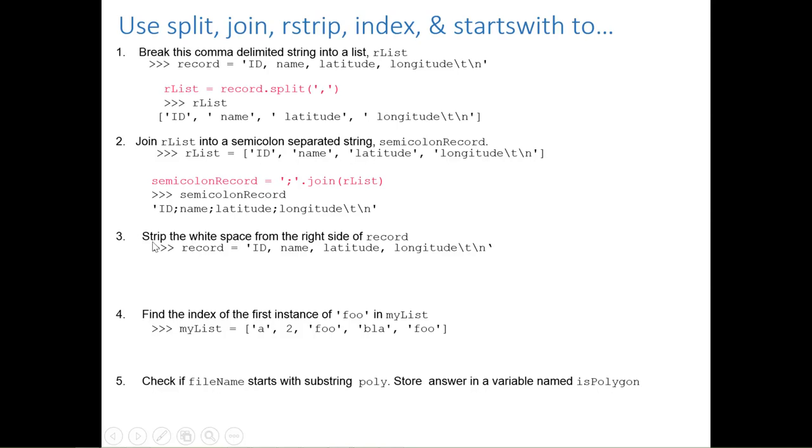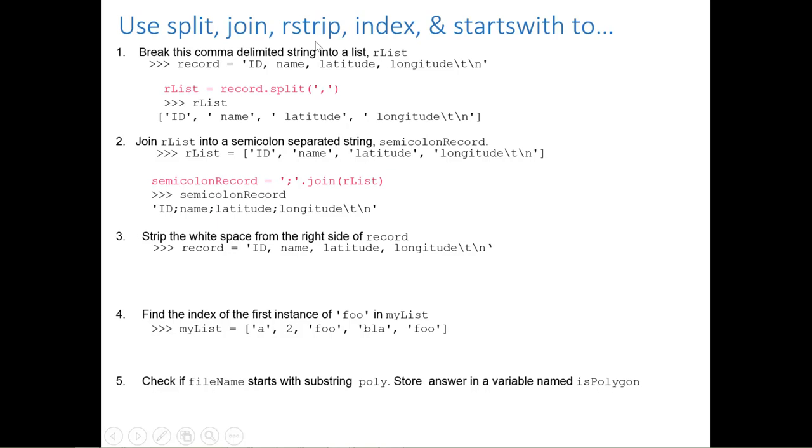Now the next one says strip the white space from the right side of this record. So we have data record, ID, name, latitude, longitude. Actually, this probably is the field names, not the record itself. But if we want to strip the white space from the right side, we want to use rstrip.